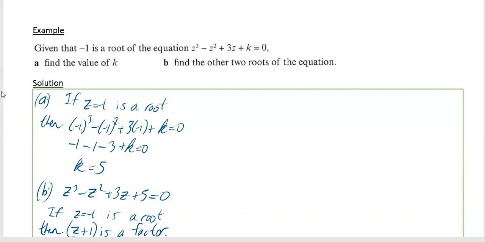What I intend to do now is divide z cubed minus z squared plus 3z plus 5 by z plus 1, and that will reduce it down to a quadratic, which I will possibly be able to factorize. We'll see.